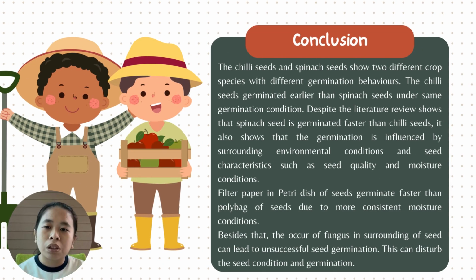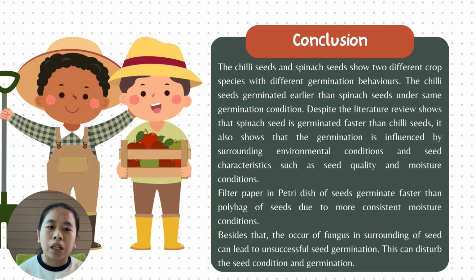In conclusion, the chili seeds and spinach seeds show two different species with different germination behaviors. The chili seeds germinated earlier than spinach seeds under the same germination conditions, despite the literature review showing that spinach seeds germinate faster than chili seeds.